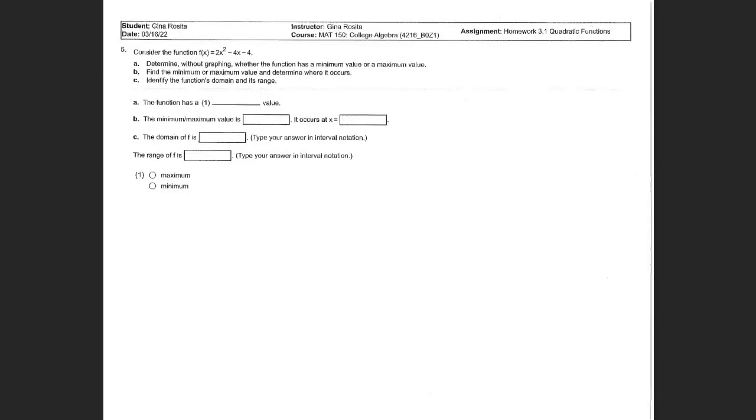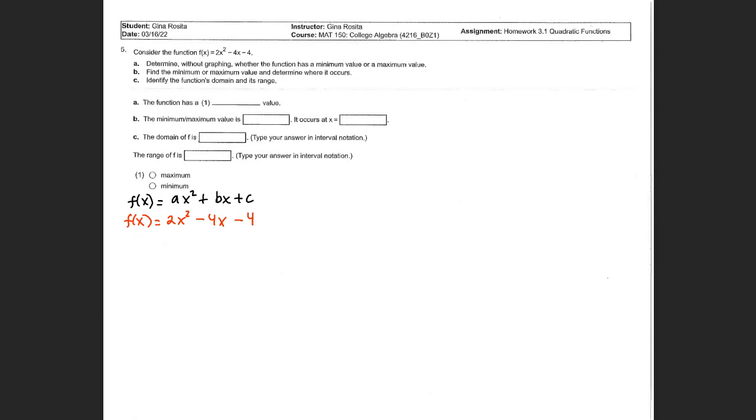So now we write down first the general form. f of x equals ax squared plus bx plus c. Our problem is f of x equals 2x squared minus 4x minus 4.